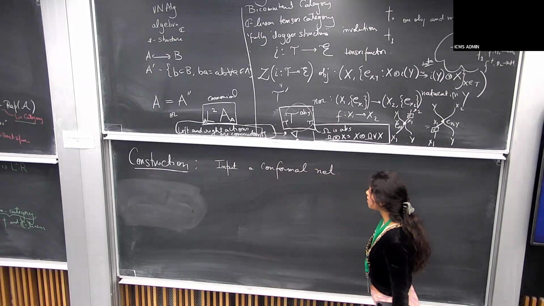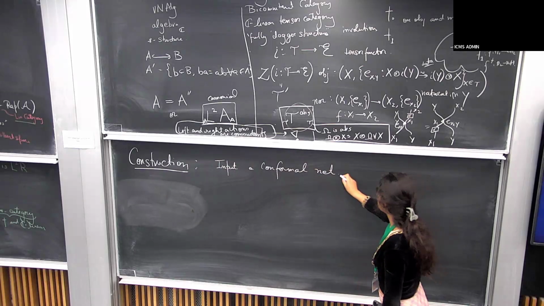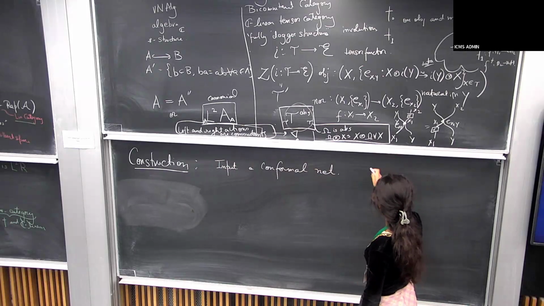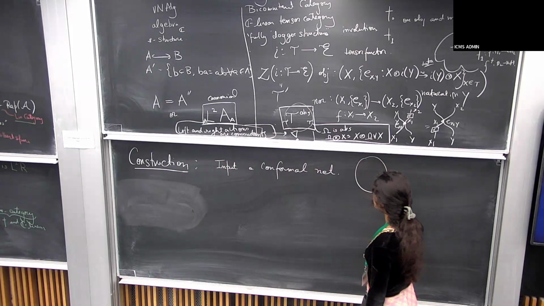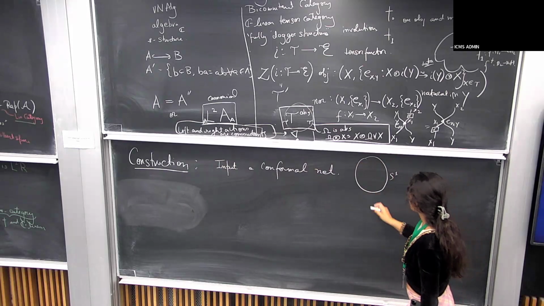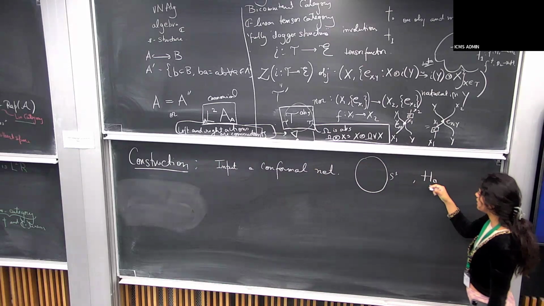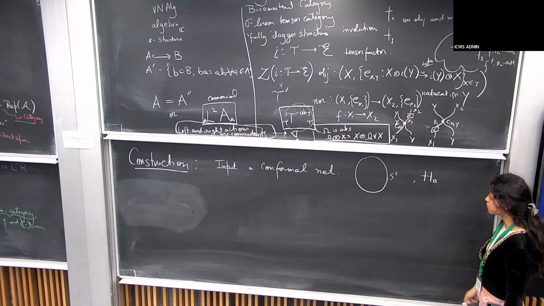I was thinking of writing the definition of a conformal net, but I won't because I realize I don't have enough time. But the data of a conformal net is you have a circle S1. It comes with a canonically given Hilbert space, which I'll call the vacuum sector.